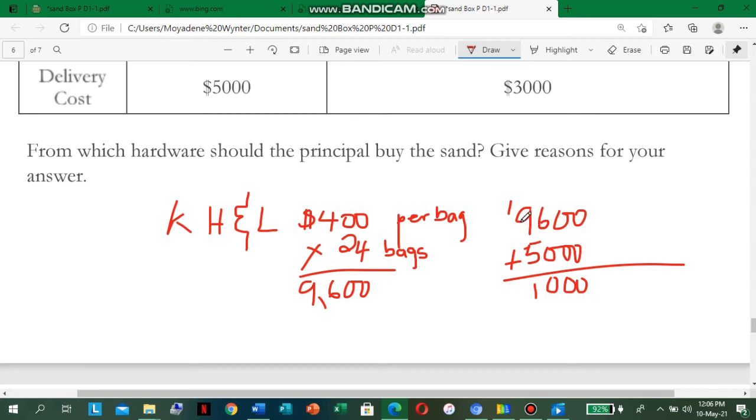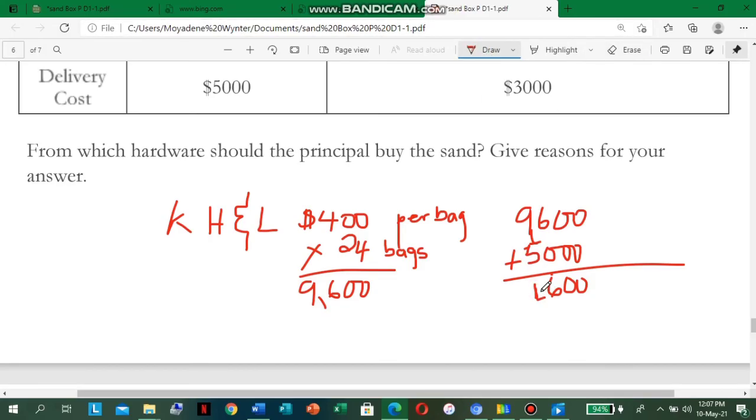Mr. Allen, what are you doing? This is supposed to be 6, not 0. Let me erase this. So 9 plus 5 is 14.